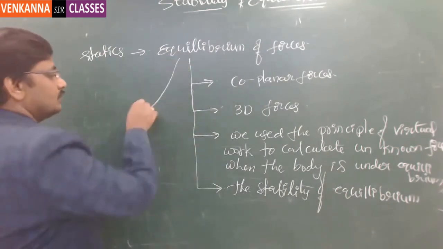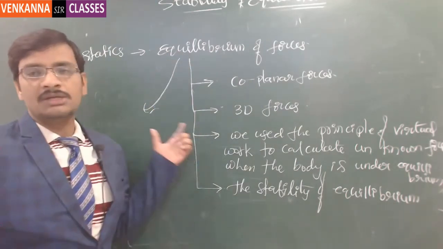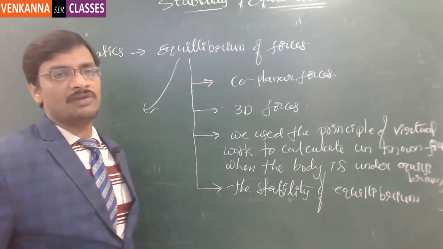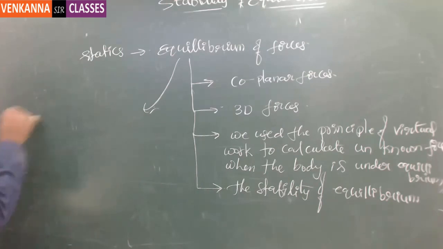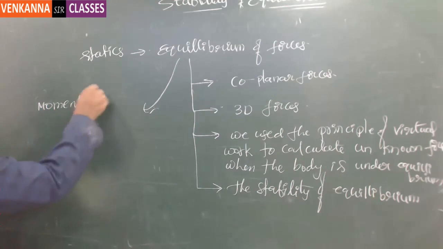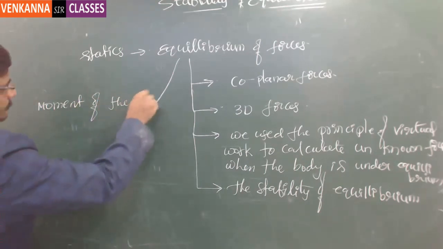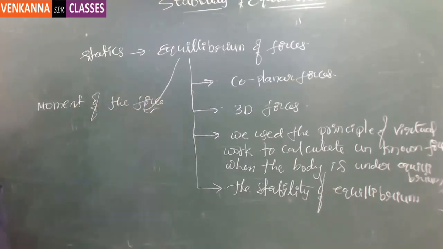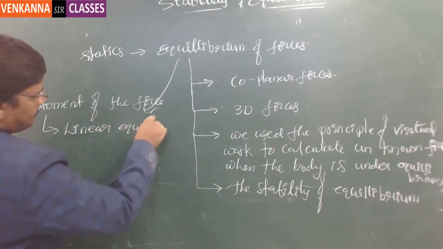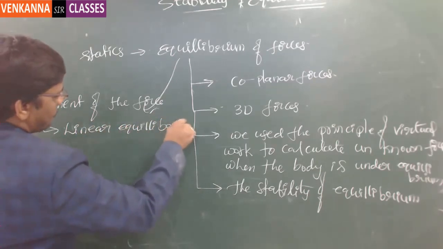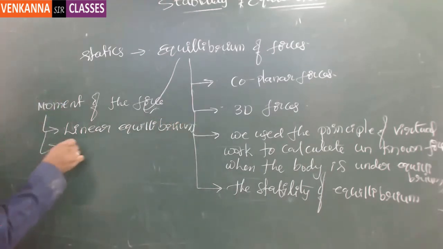Now, before this equilibrium of body, there are certain fundamentals that we have to be aware of. Those fundamentals are, one, movement of the force, and linear equilibrium and rotatory equilibrium.